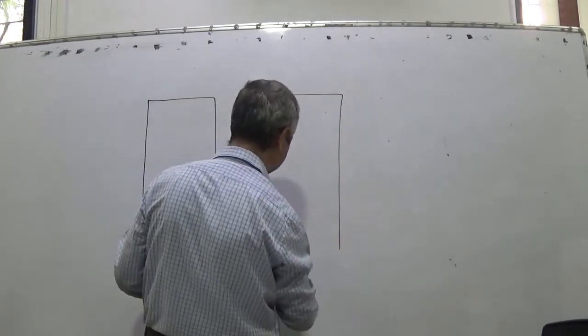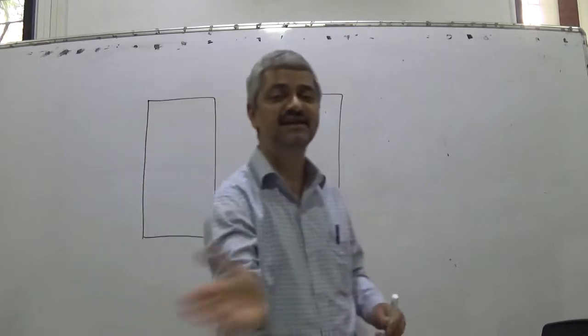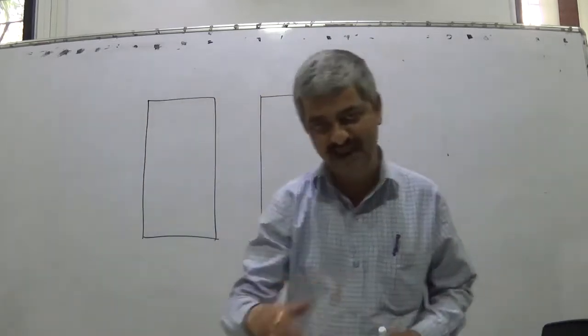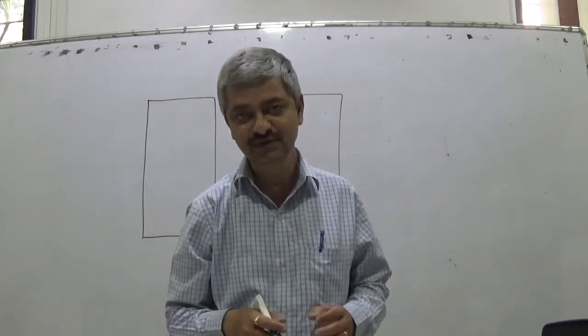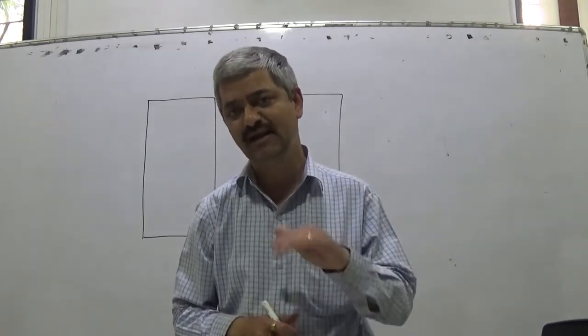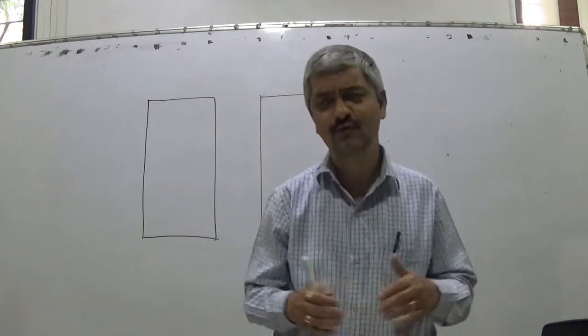Memory contains different locations, just like pages in a notebook. On each page something is written. So when I talk about the page now, I will make it more simple.